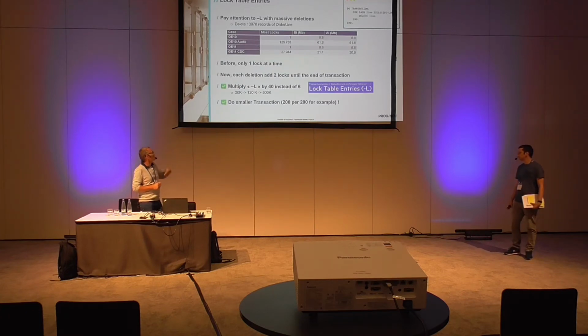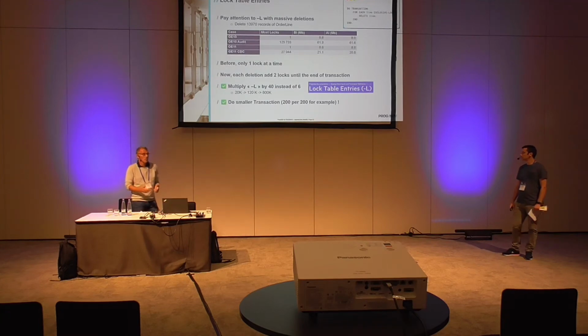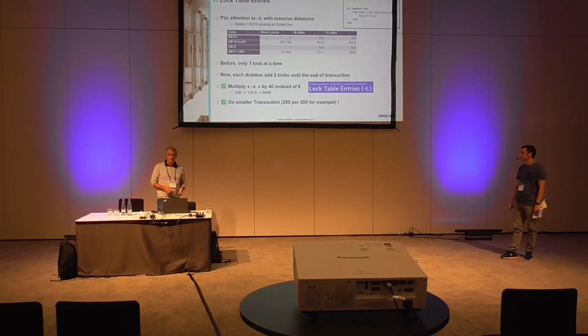With auditing, we are above 100,000, and with CDC, we are around 30,000 logs at the end of the transaction, which is due to the new audit and CDC records which are created. So before, only one log at a time, now it's really huge. So instead of multiplying the -L by 6, we multiply it by 40. We do smaller transactions. Instead of a transaction per 1,000 records, we decrease it to 200.